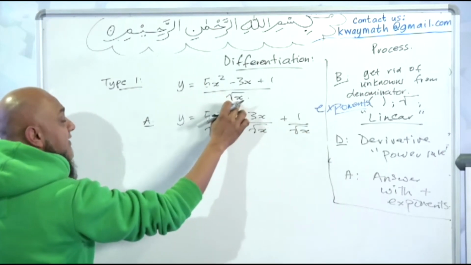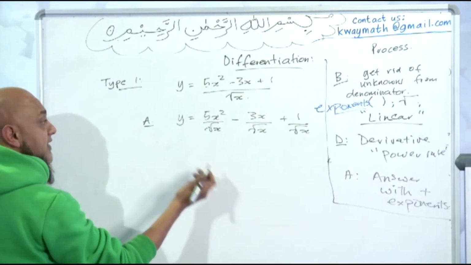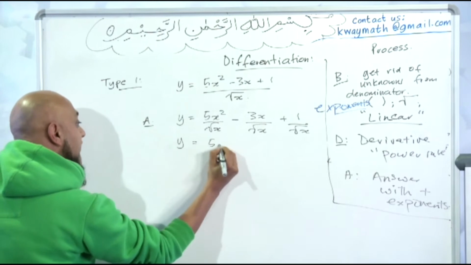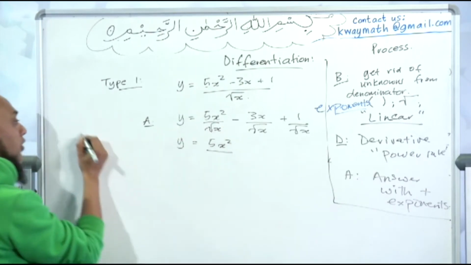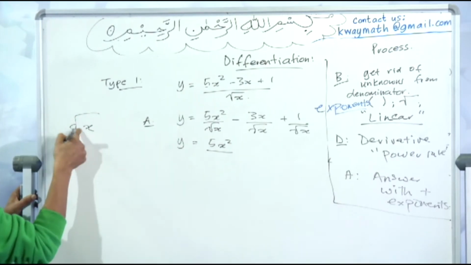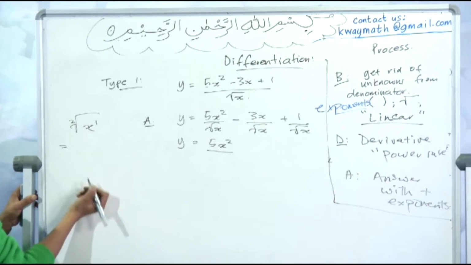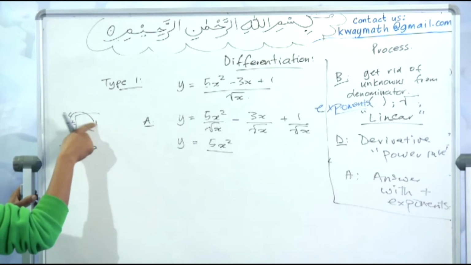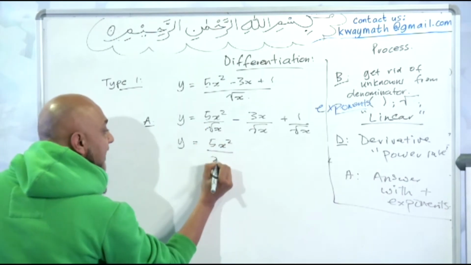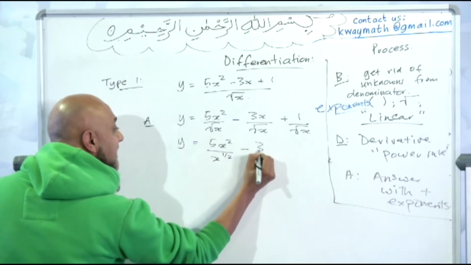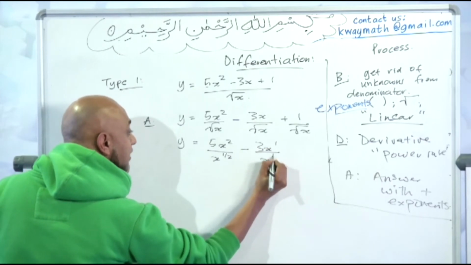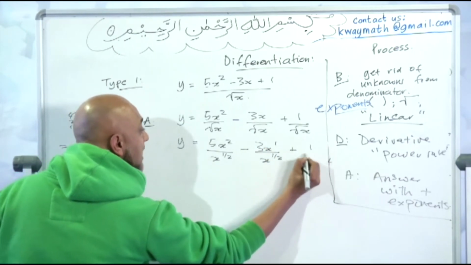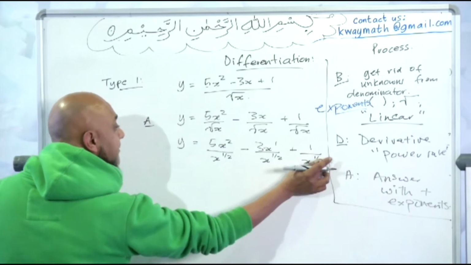This root x belongs to each one of these terms. So y is equal to 5x squared over square root x. If I had to remove it, we know there's a 2 there, we know there's a 1. So it's x to the power 1 over 2. Inside power divided by outside root. So it's x to the power a half minus 3x to the power 1 over x to the power half plus 1 over x to the power half.